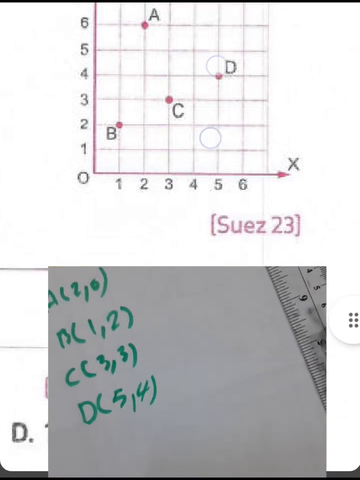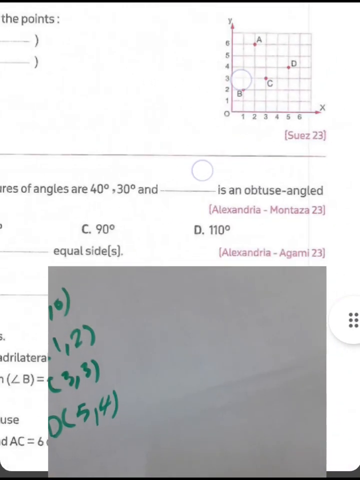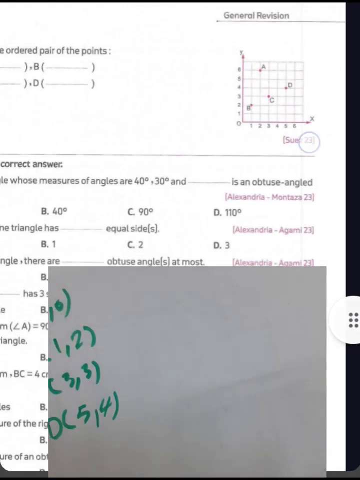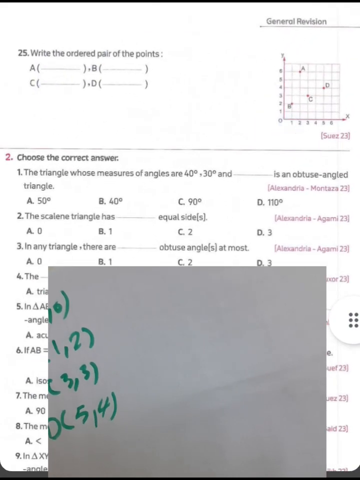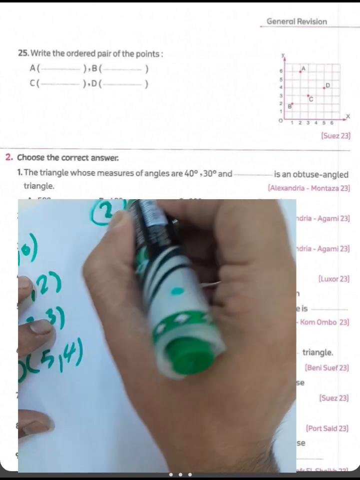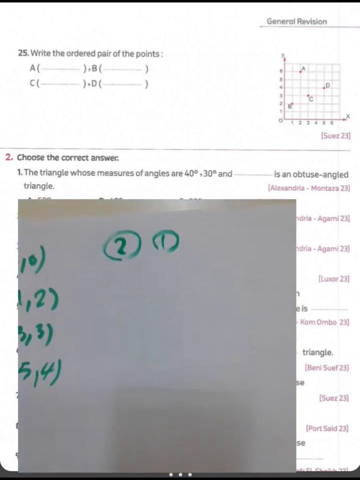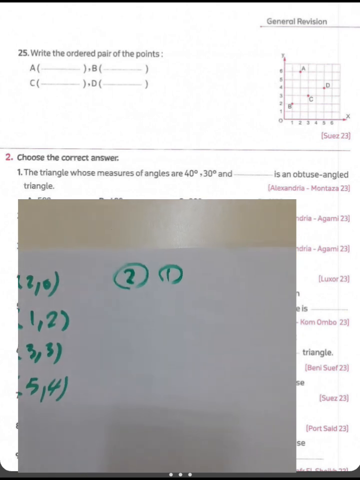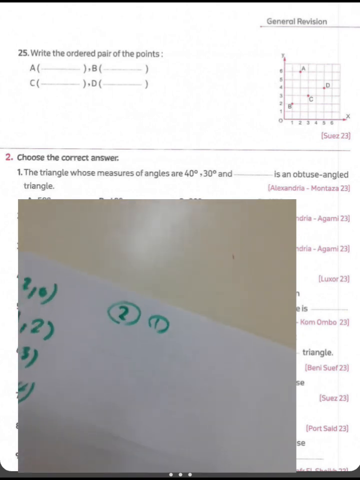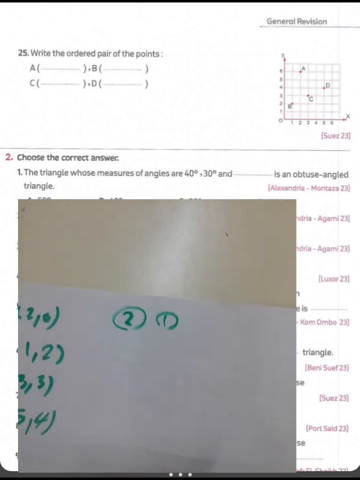Next question. Question number 2, choose the correct answer. Number 1, the triangle whose angle measures are 60 degrees, 40 degrees, 30 degrees, and a space, we call it an obtuse angle. Choose with me, we call it obtuse angle.